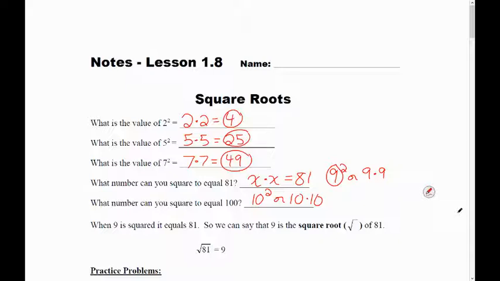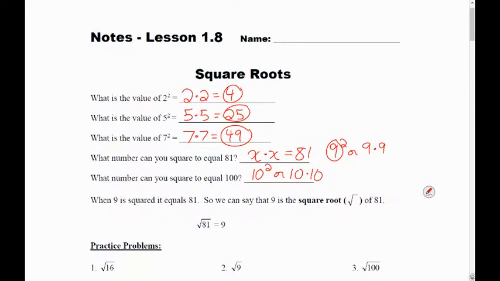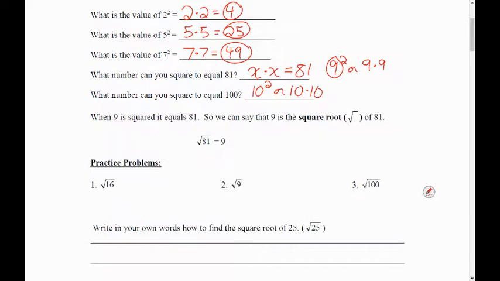All right, so when 9 is squared, it equals 81. So we can say that 9 is called the square root of 81. This little part right here is called a radical symbol. All right, and this particular one is called a square root.